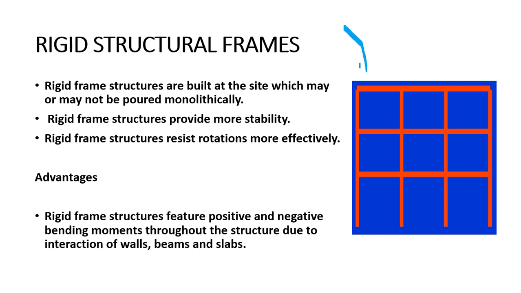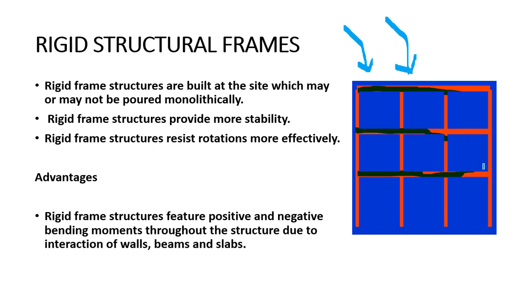Contohnya kita pour concrete pada tiang dahulu, kemudian baru kita buat concrete pada beam, kemudian 2-3 minggu kemudian baru kita buat concrete pada slab. Itulah yang dimaksudkan monolithically. Artinya dia tak seragam, kita tak buat pada masa yang sama. That is what is meant by monolithically.